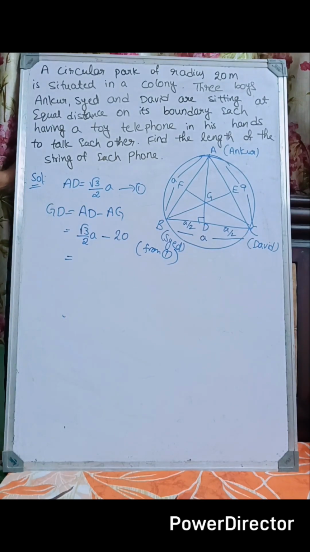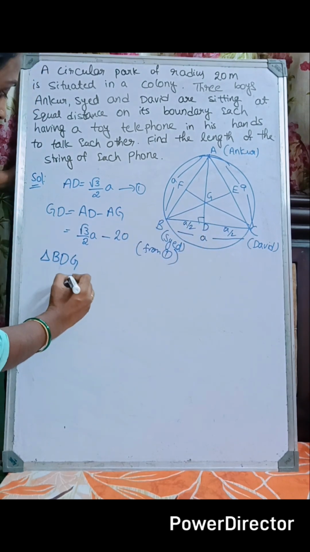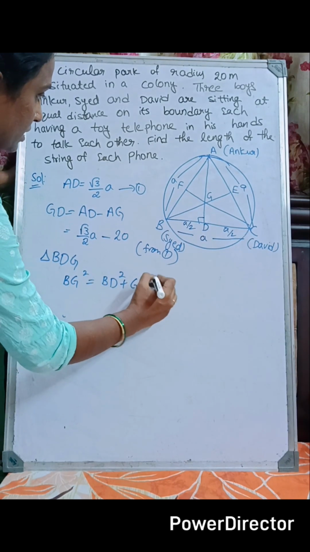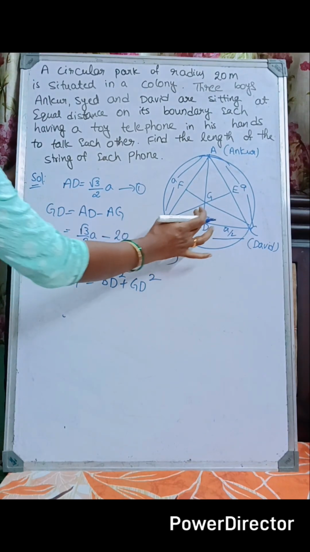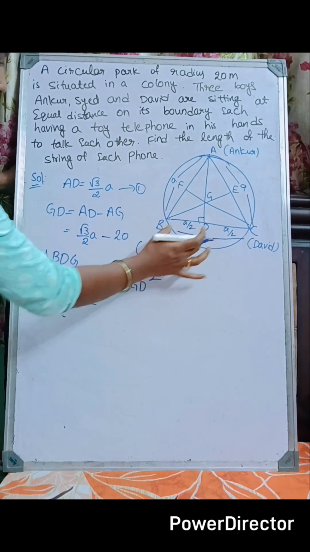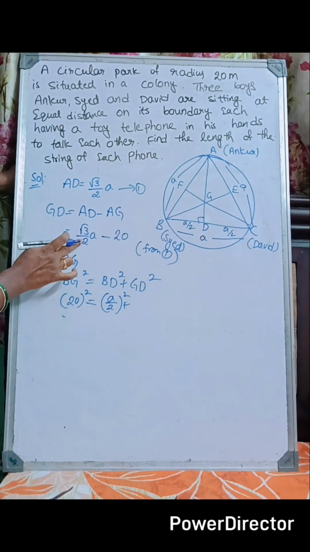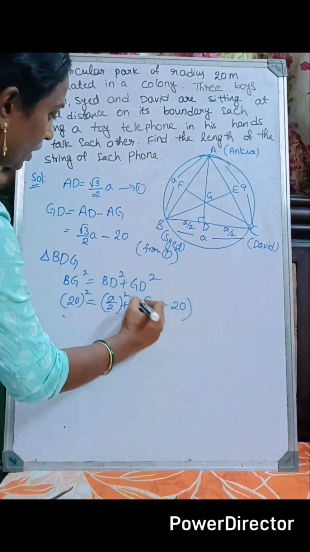Now I am going to take the triangle BDG. This is also a right angle triangle. I can write BG square is equal to BD square plus GD square. BG is the radius of the circle, so 20 square is equal to A by 2 whole square plus GD, which we got as root 3 by 2 A minus 20, whole square.